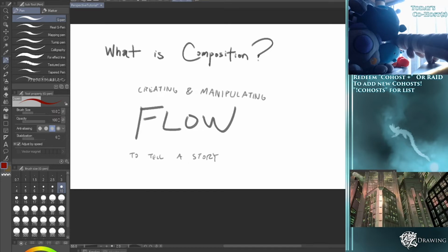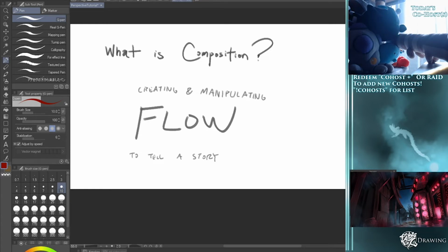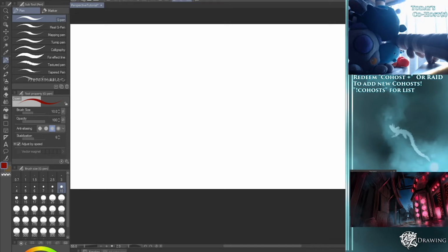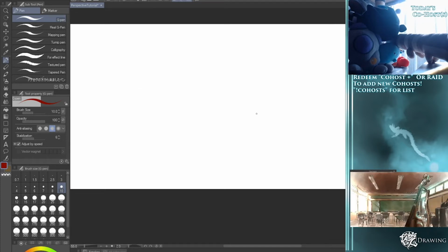To me, composition is creating and manipulating flow to tell a story. What do I mean by flow? Basically, in any drawing, you're going to have someone looking at it, right?